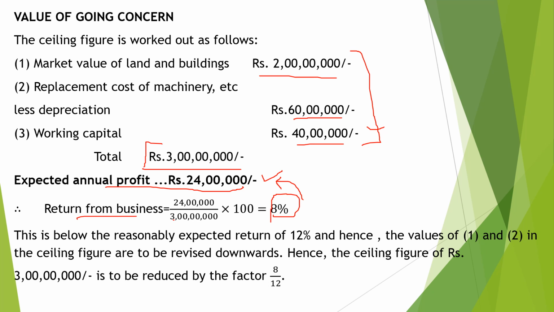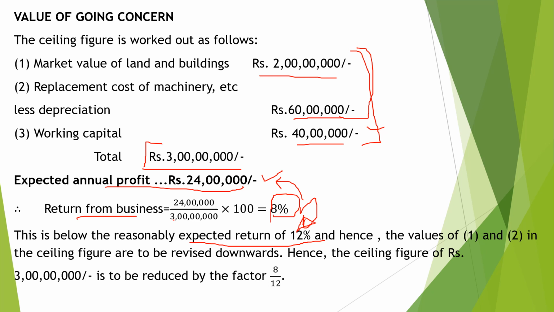But in the question it is given that the expected return is 12%. Hence, if the return from the business comes out to be less than the expected return, you have to reduce these values so that the return is at least 12%.